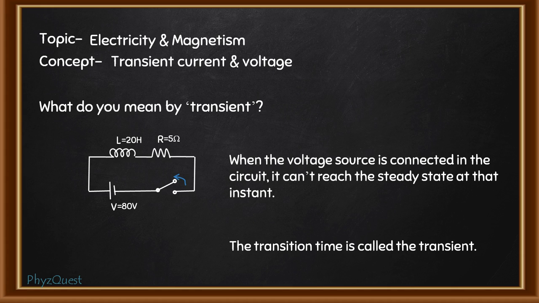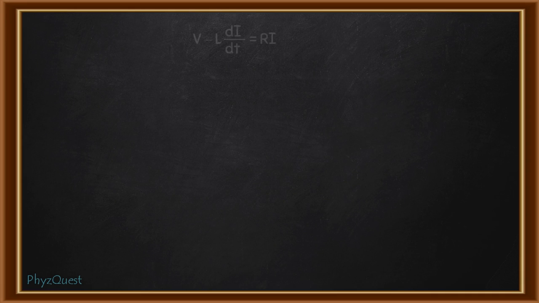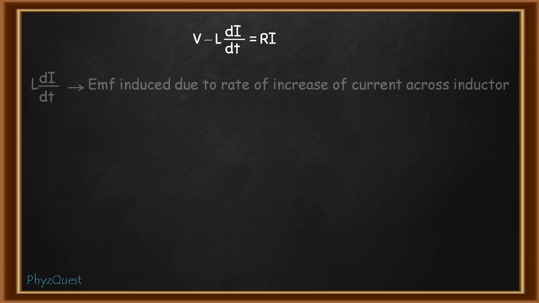So the current at that instant we can write using the equation V minus L di by dt is equal to Ri. Now here L di by dt is your EMF induced in the circuit at that instant due to the rate of increase of current across the inductor L.